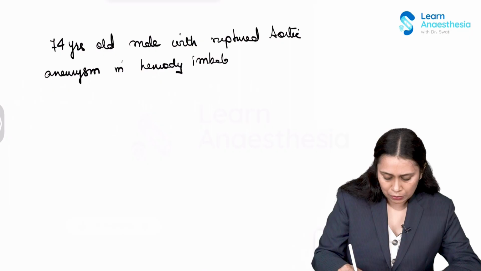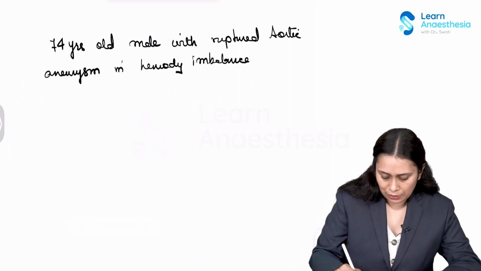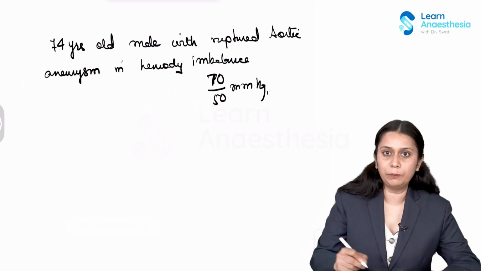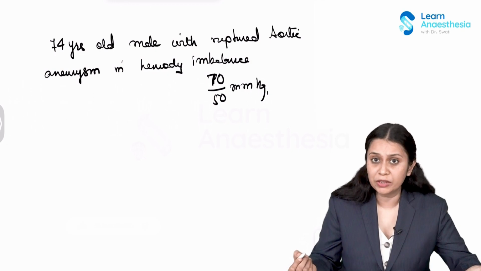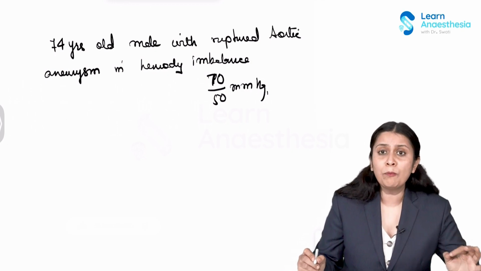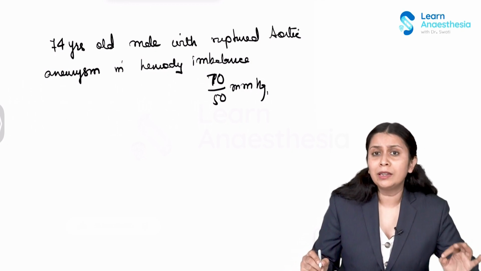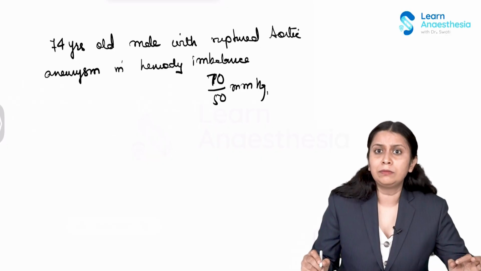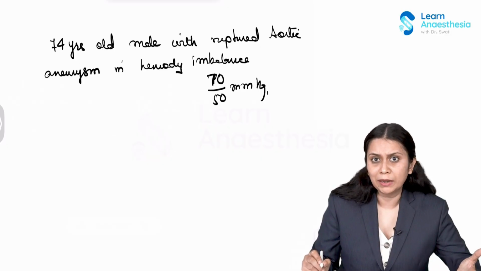Blood pressure of the patient was 70 by 50 mm of Hg. Whenever we are about to receive this kind of patient, there are some important preparations we need to take. There are some important alerts, signals we have to send to the blood bank, etc.